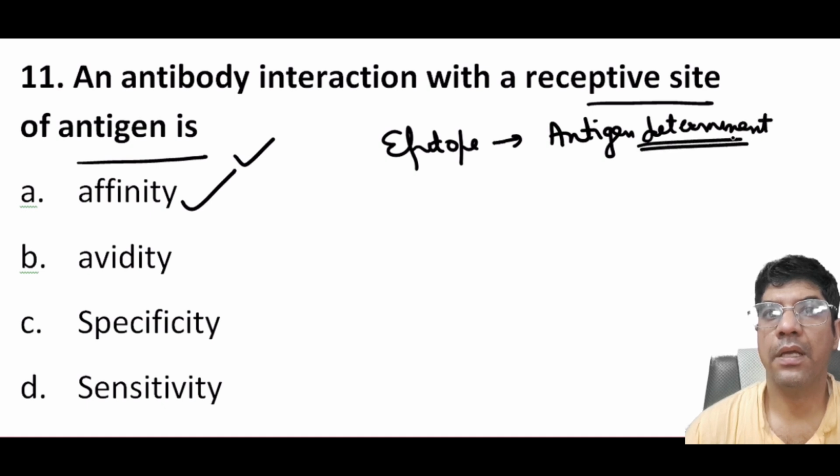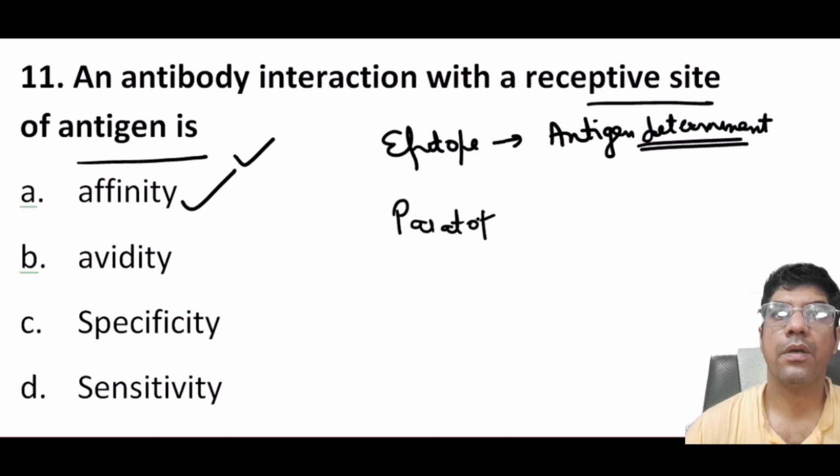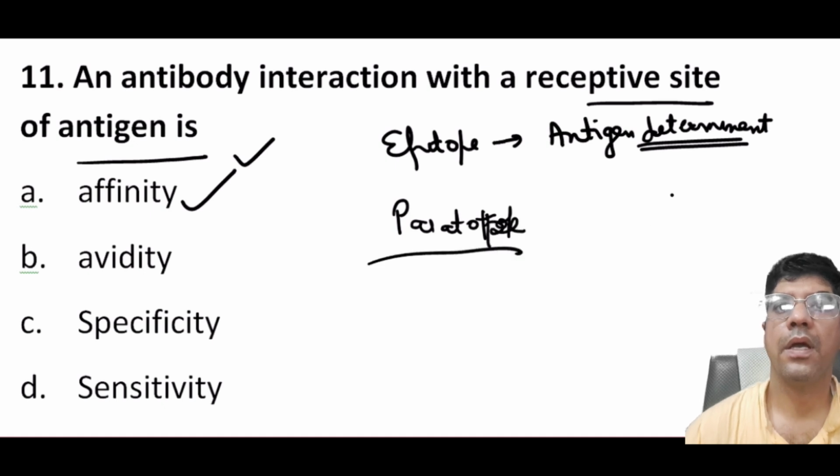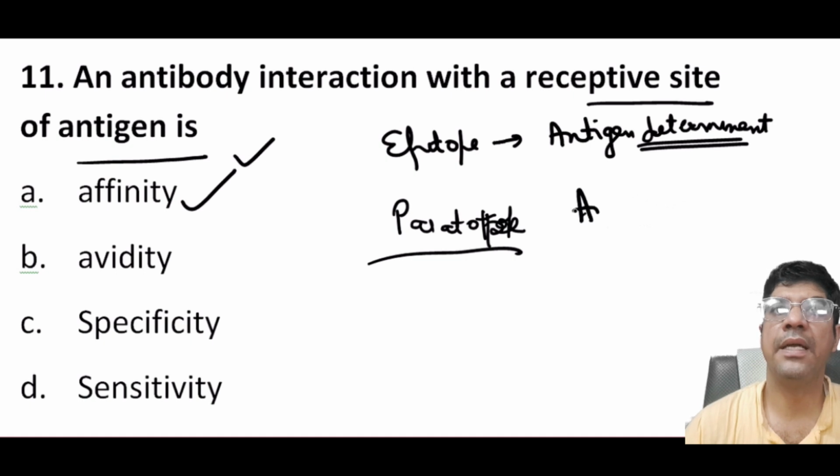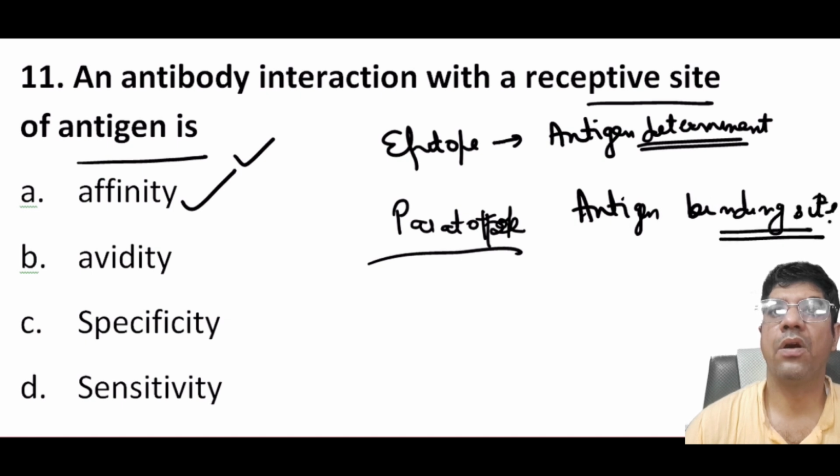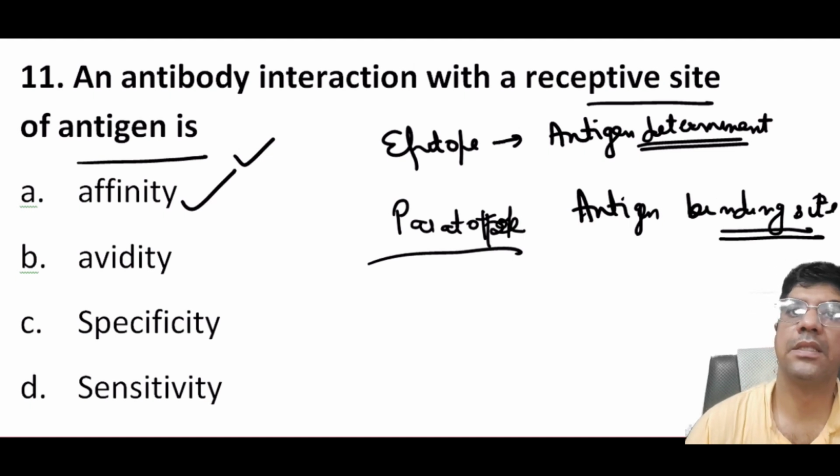It is the specific portion of the antigen molecule that is recognized and bound by the antibody. Whereas paratope is known as the antigen binding site. It is the part of an antibody molecule that binds to the epitope on the antigen.